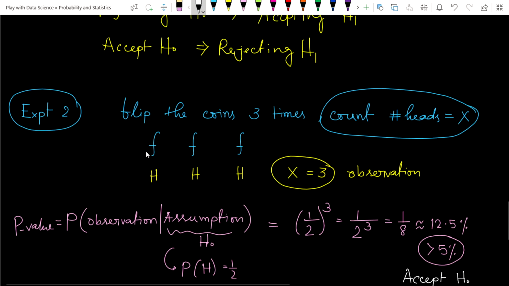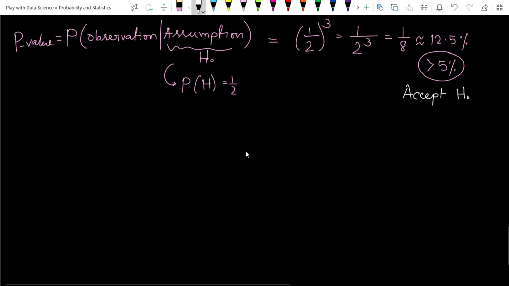Similarly here also, these things are called the sample size.